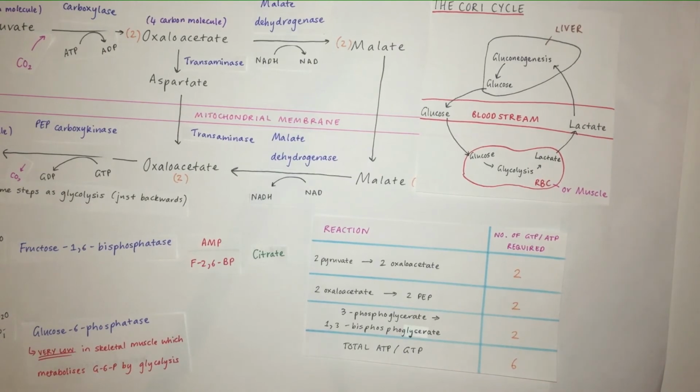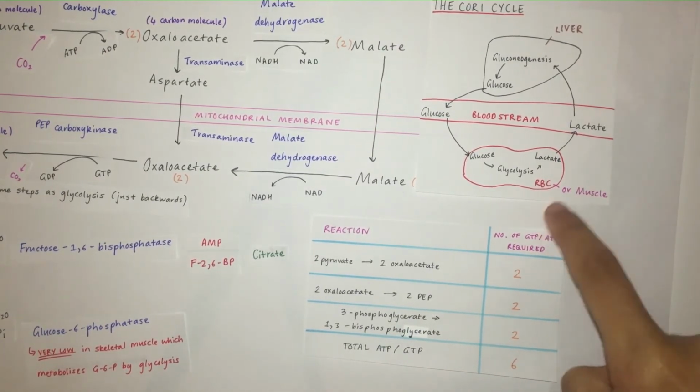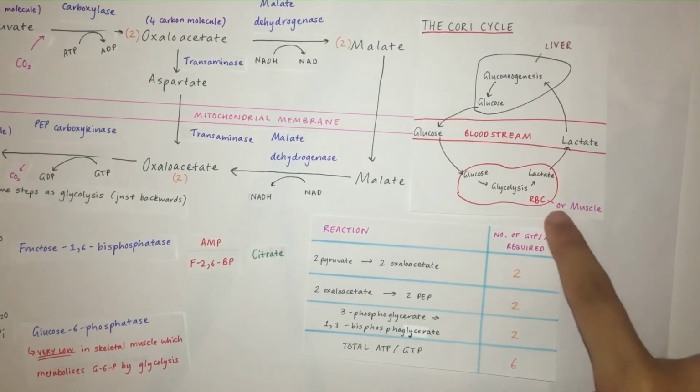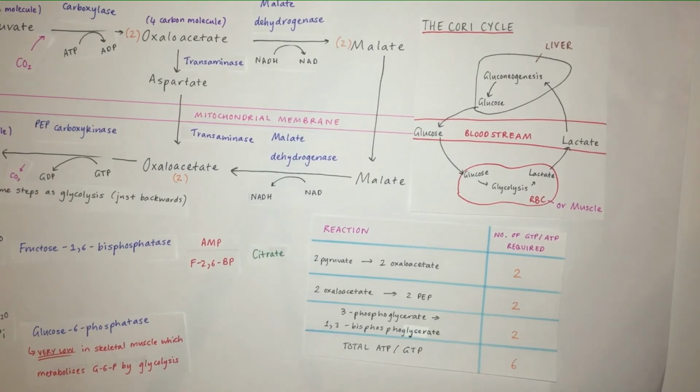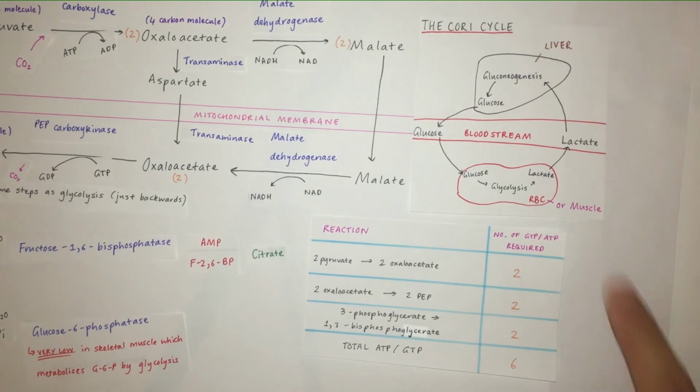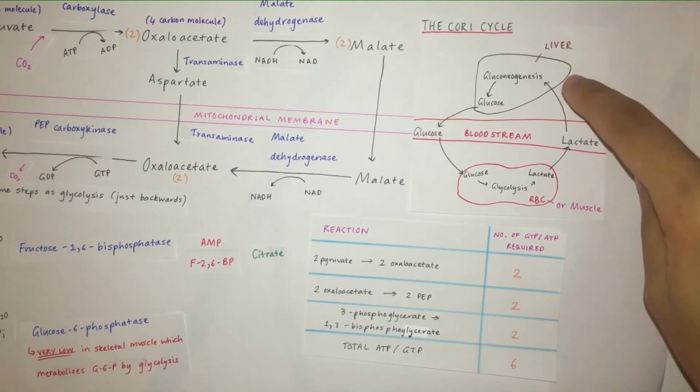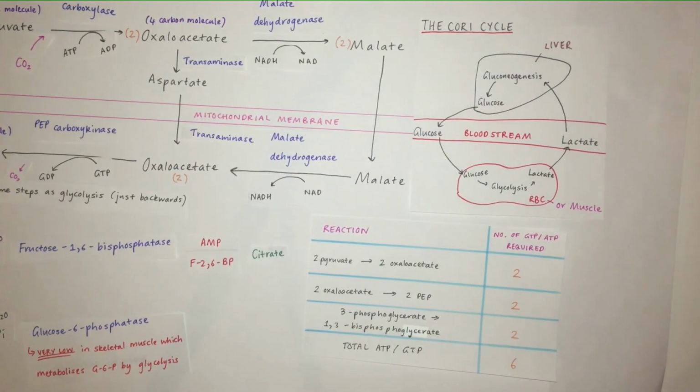It basically describes that while we can't make new glucose in skeletal muscle or in red blood cells, as I've written here, because red blood cells don't have mitochondria, we have to use anaerobic glycolysis to get to lactate, and the lactate can be transported to the liver, and then we can convert that lactate into glucose through gluconeogenesis and through the backwards reaction from lactate to pyruvate, and then pyruvate going through gluconeogenesis.